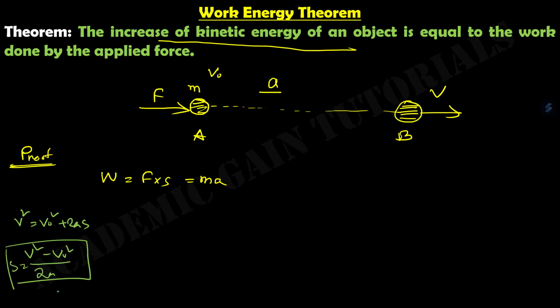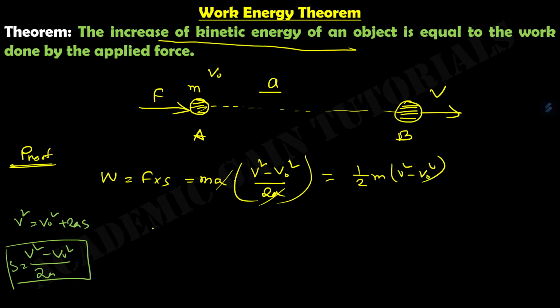So how does our equation look now? Our equation will look like Ma into V square minus V naught square by twice A. So if I cut down these two acceleration variables, then we'll get half of M V square minus V naught square. So W equals to half of M V square minus half of M V naught square.